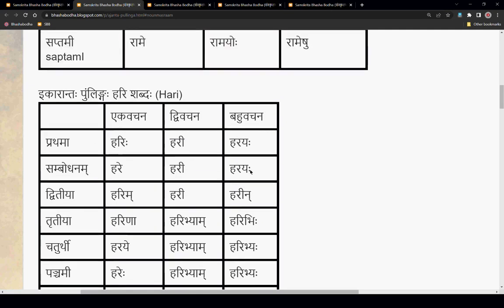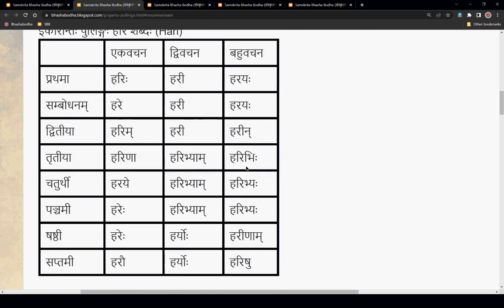Then these are Akaranta Shabda. If you come to Ikaranta or Ukaranta Shabda, here also you see Tritiya Chaturthi Panchami remains same in Dvivachana, Prathama Sambodhana Dvitiya remains same, Shashti Saptami remains same. And in Ekavachanam, Panchami Shashti remains same for Ikaranta and Ukaranta words.